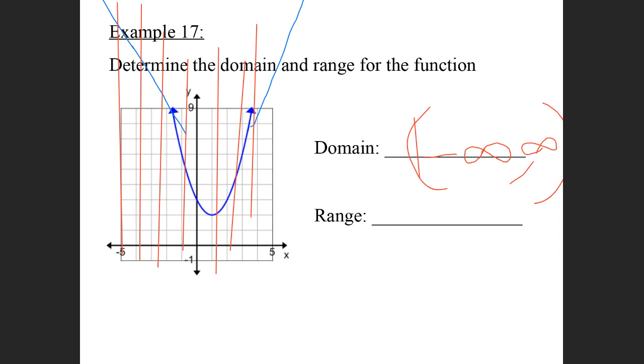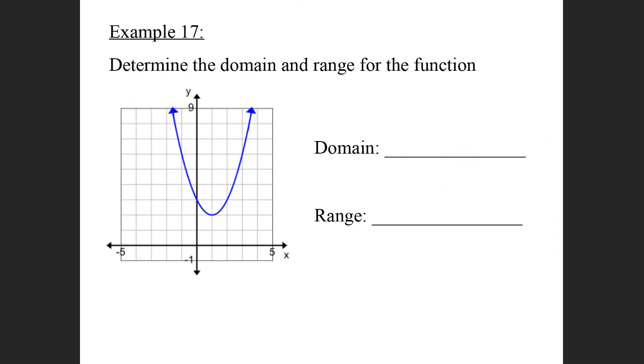Now, what about if we take horizontal lines to find the range? Let us check. If you draw horizontal lines, you see this line does not intersect the curve. The next one also does not intersect the curve.